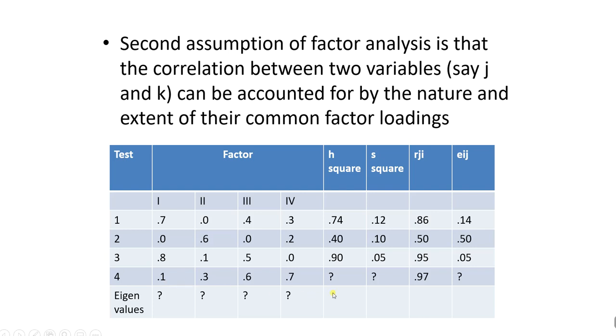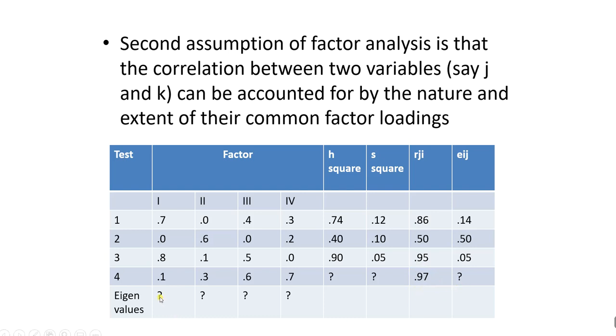The sum of this will be the H square value. Once you have obtained the common variance, subtract it from the reliable variance. You will get this unknown. And the last unknown will be obtained by subtracting the reliable variance from 1. So 1 minus 0.97 will be 0.03, which is the error variance.